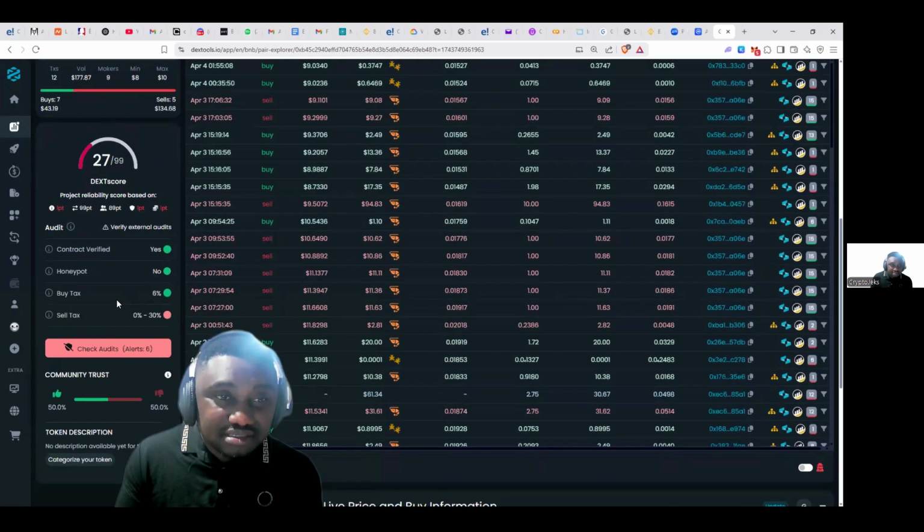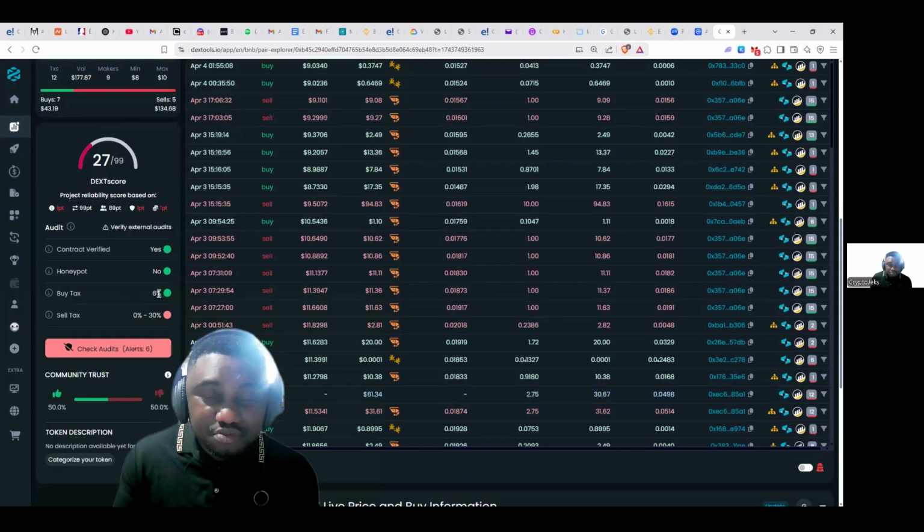But let's proceed. You need to look at the buying tax. The buying tax of this token is about 6%, which means if I want to buy this token, 6% of my money will be taken as tax, which is extremely high, right? What if I want to sell it? Based on what the contract developer has programmed, I will be charged between 0% to 30%, which is a very huge amount.